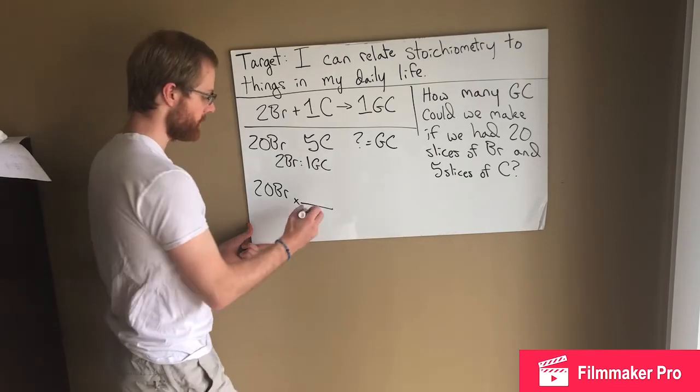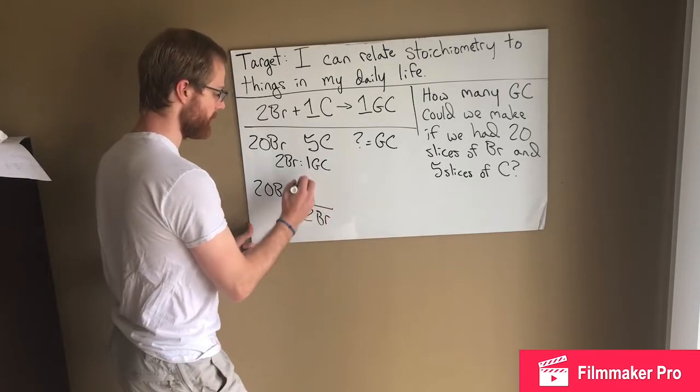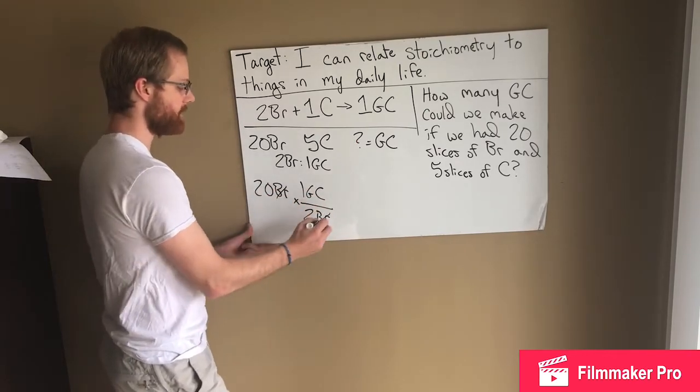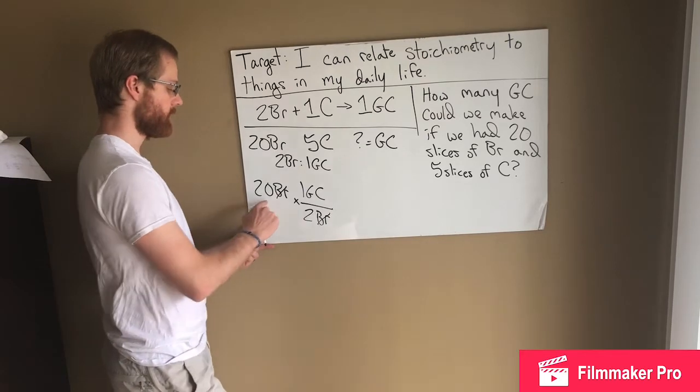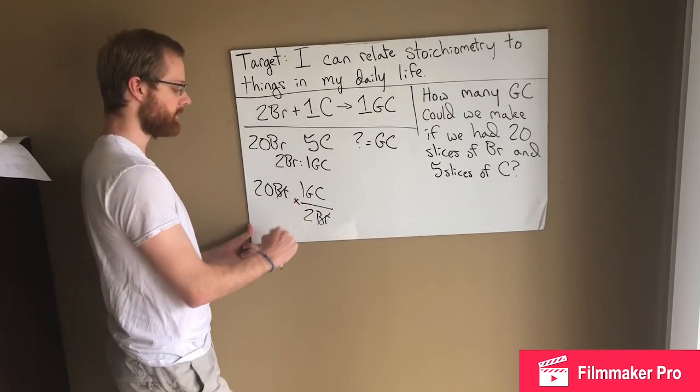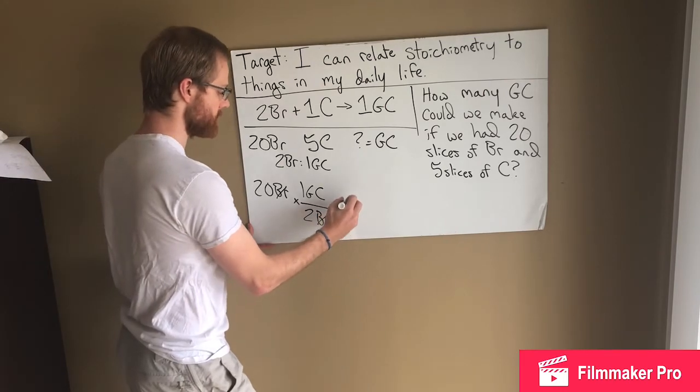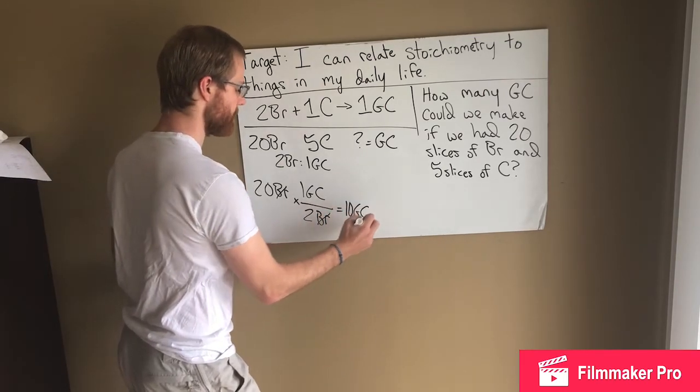Yeah, 2 BR goes on the bottom and 1 GC goes on the top because I need my BR to cancel out. 20 times 1 divided by 2 equals 10 grilled cheese.